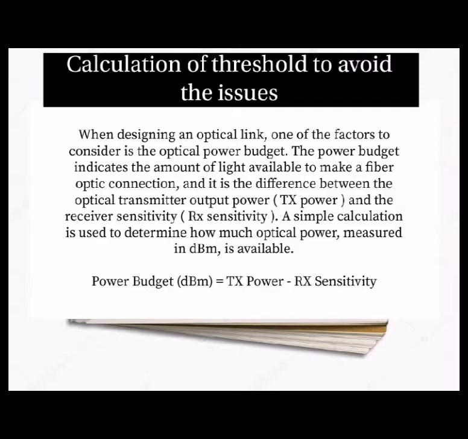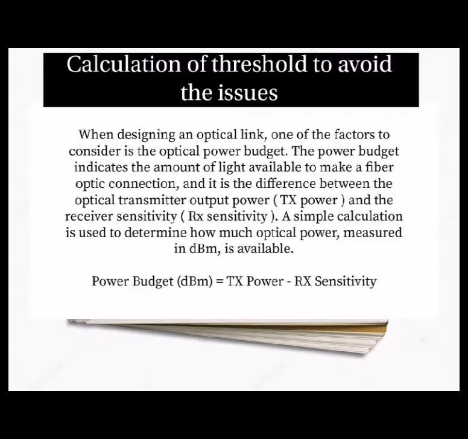So there is a need to check the power in the given threshold. If it is in the given threshold, then it's fine. If it's not fine, it means you have to check the hardware again and again. You can check the fiber routing area, and you check the SFP modules to improve the power budget. So these are the factors which indicate your thresholds to avoid these issues.